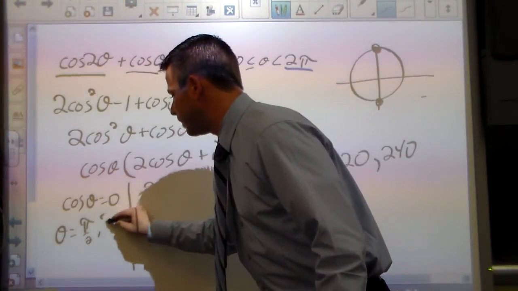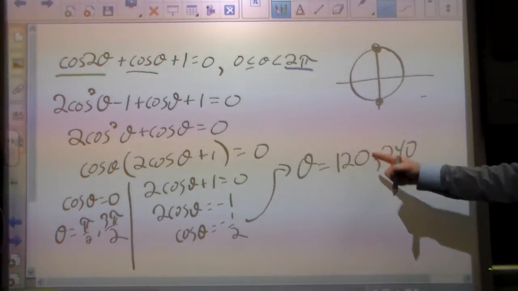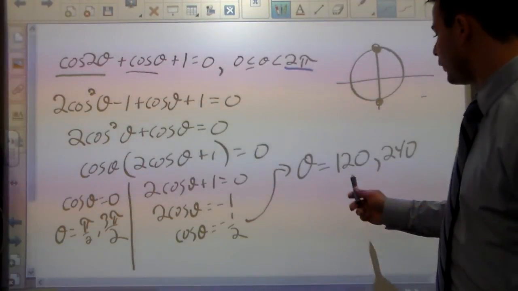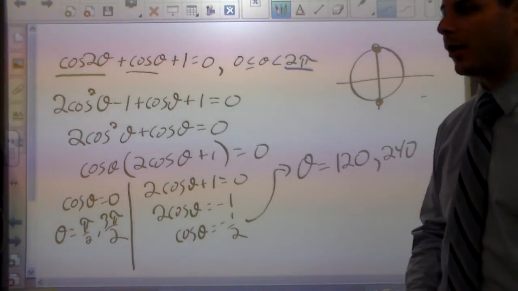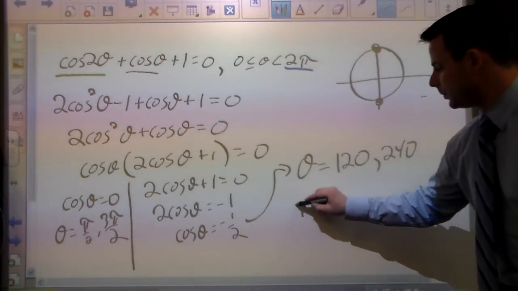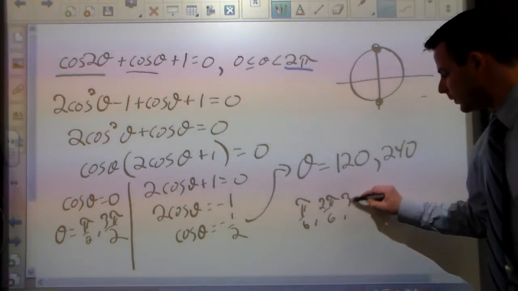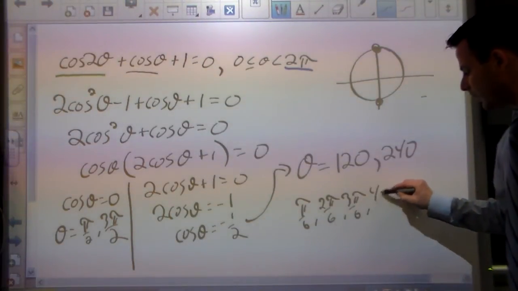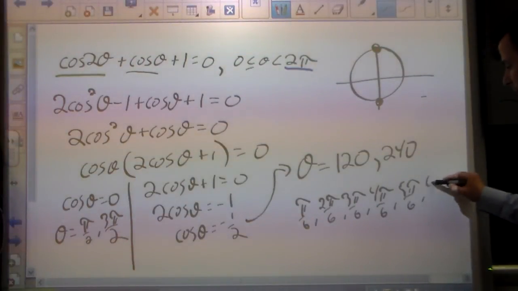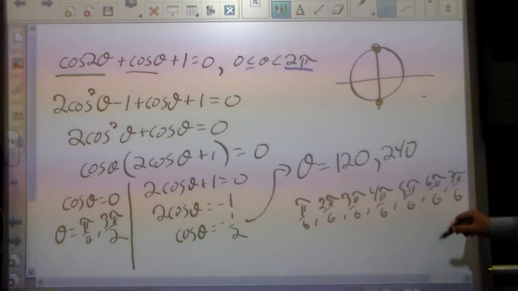Pi over 2, and 3 pi over 2. Let's convert these to radian measure as well. Again, when you're increasing by multiples of 30 degrees, you can just add pi over 6. So 30 is pi over 6, 2 pi over 6, 3 pi over 6, 4 pi over 6, 5 pi over 6, 6 pi over 6, 7 pi over 6.